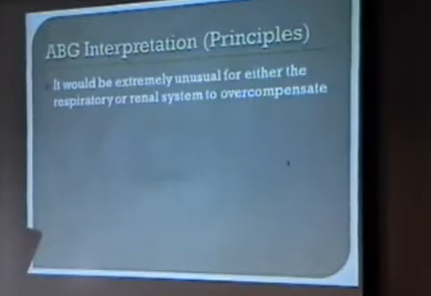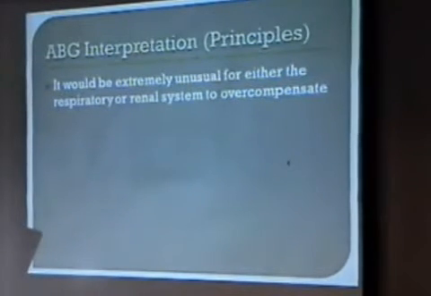Usually when there's compensation, like if there's acid coming into our system because of sepsis, something we swallowed, or inborn errors of metabolism, now there's more acid. Our body compensates for this acid, but it does not overshoot.